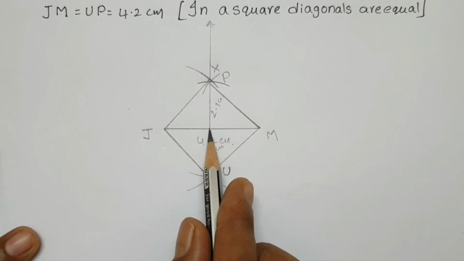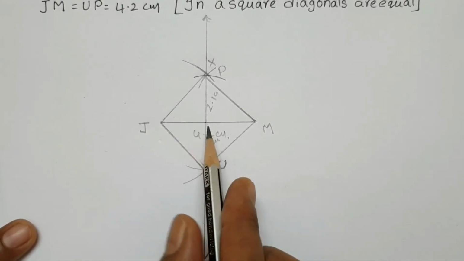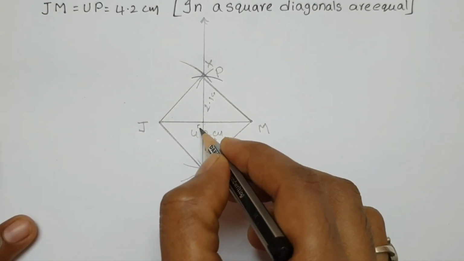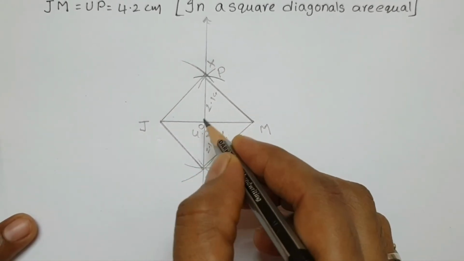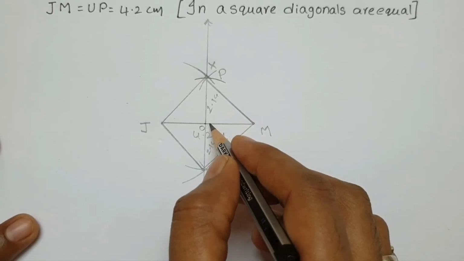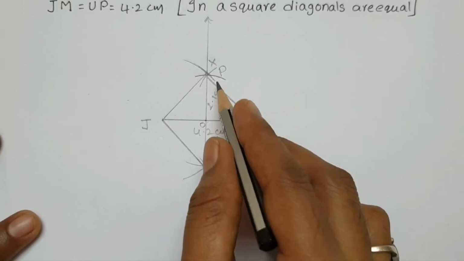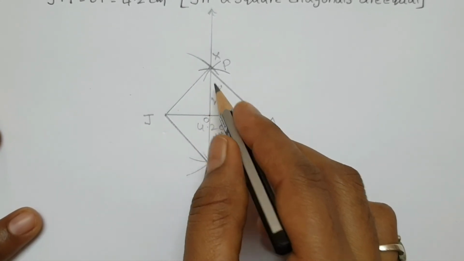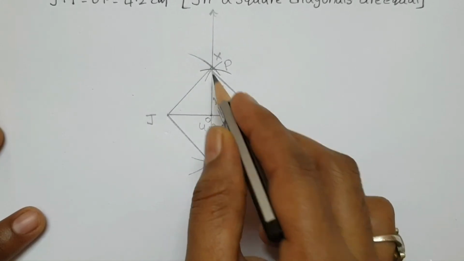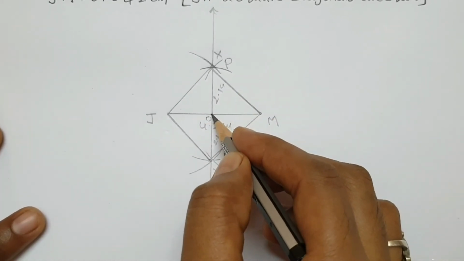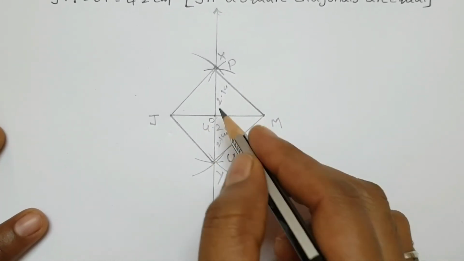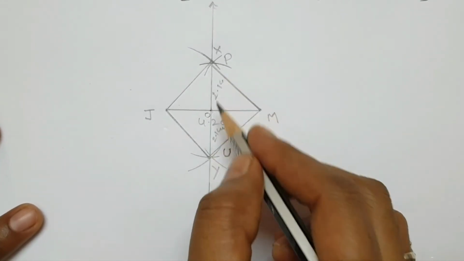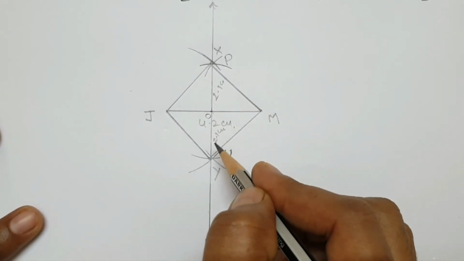XY is the perpendicular bisector of JM, and O is the bisecting point. With O as center, draw equal arcs of half of UP, that is 4.2 half, 2.1, one above and one below.